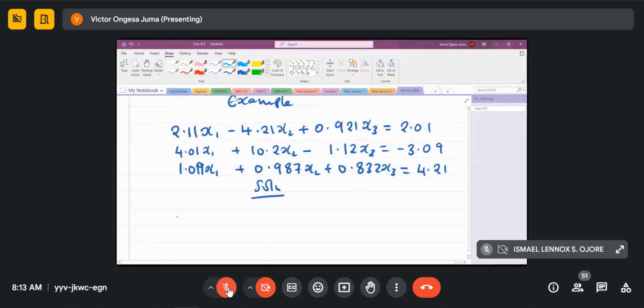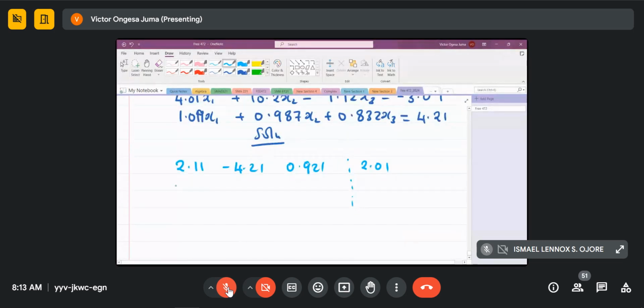If you extract the augmented matrix, I'll have 2.11, minus 4.21, 0.921, and then you augment with our system, so that's 2.01.